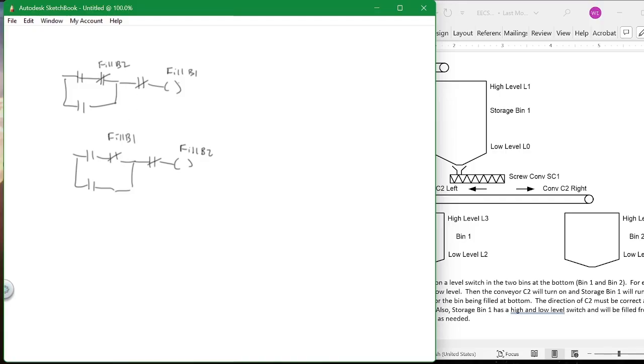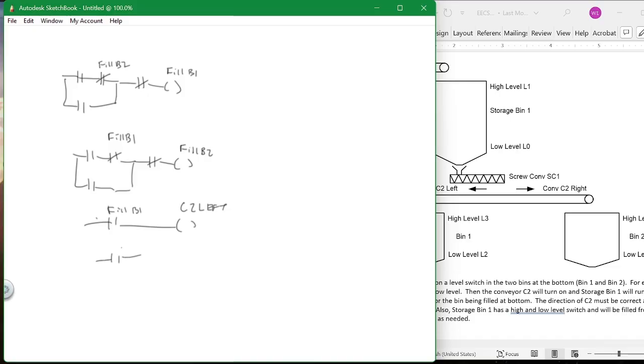So this seals on as long as you're filling bin 1 until you're satisfied. This does the same for bin 2. And it locks it up, and it won't allow something to go the other way. Okay? From this point on, it's fairly straightforward. You run your conveyor. If you want to run your conveyor to the left, conveyor left is, okay, so fill bin 1 goes conveyor to left.